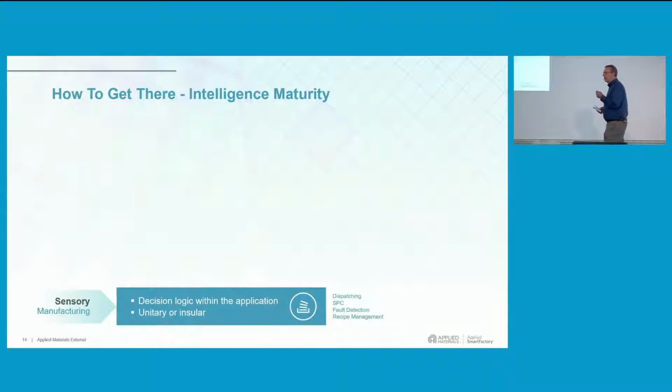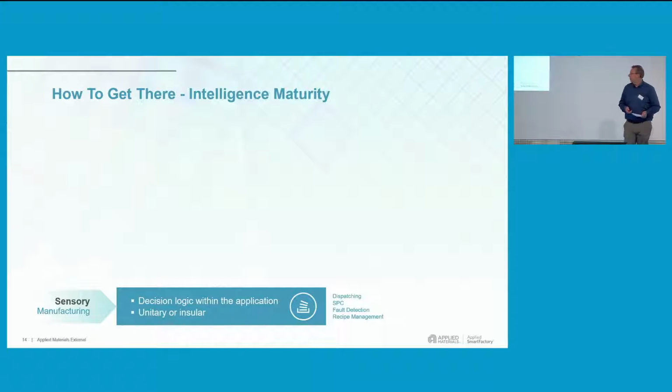I want to talk next about intelligence. Intelligence comes from integration. Today we operate highly in a sensory way, kind of unitary systems that see a problem, fix a problem, and then move on. See another problem, fix a problem, and then move on.